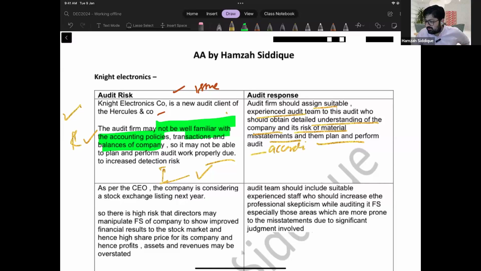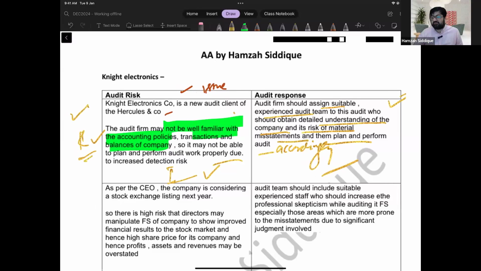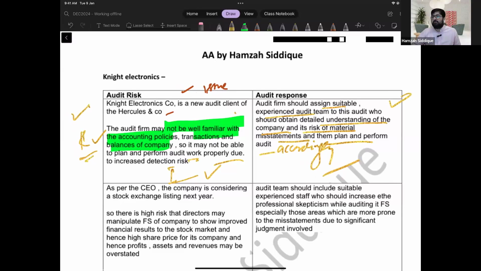The word "accordingly" is missed. So this addresses both here, addressing more to the risk and its impact. That is also correct.